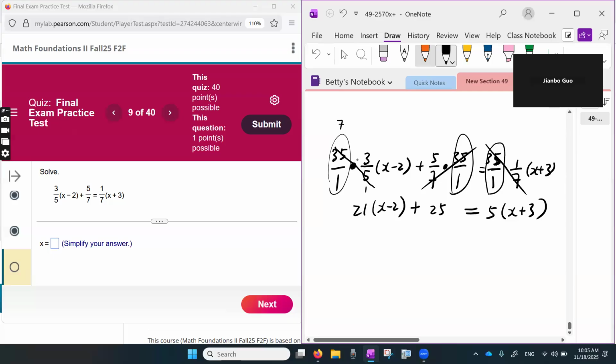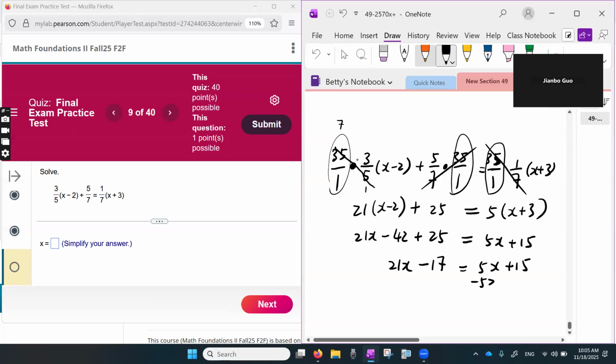Now, we are going to get rid of the parentheses. Distribute 21 times x, 21x, 21 times negative 2, negative 42. Bring down 25. On the right side, 5 times x, 5x, 5 times 3, 15. Simplify the left side, 21x. Negative 42 plus 25, that is negative 17. Yeah, equals 5x plus 15.